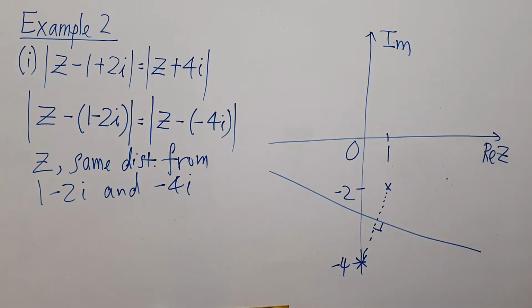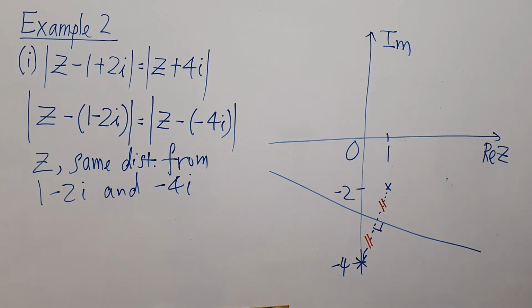Now, in constructing a diagram, it is important for you to indicate that this is 90 degrees, and you should also mark that these 2 edges are the same length, so that together it represents the perpendicular bisector of these 2 points. So for example 2 part 1, this is the diagram for this locus.